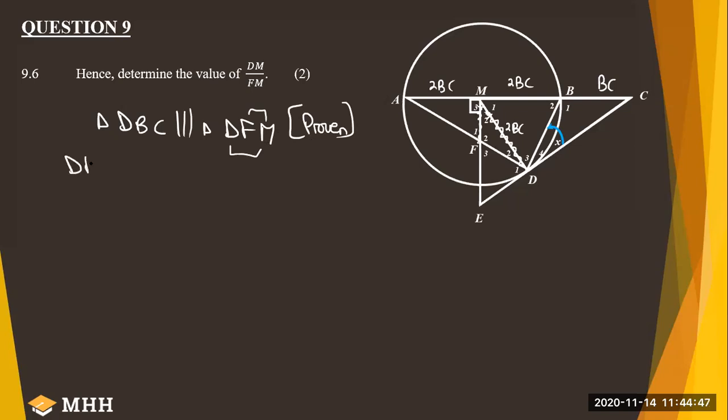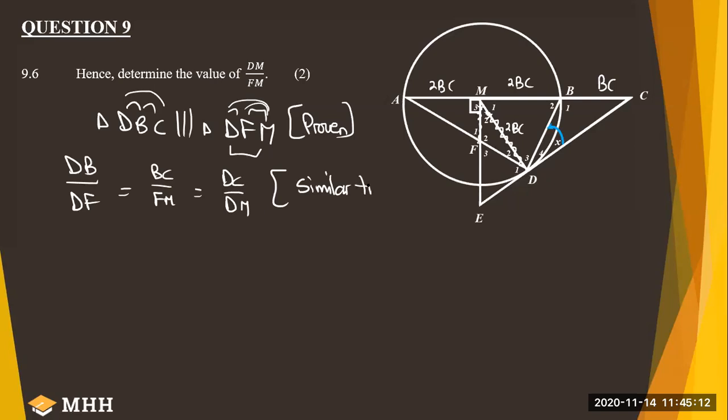So I can say DB on top of DF will be equal to BC on top of FM, which will be equal to DC on top of DM. You can either write here similar triangles, or you can just say that triangle DBC is similar to triangle DFM. Any of the two.